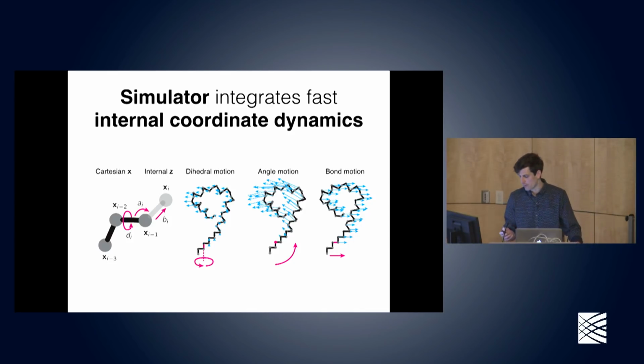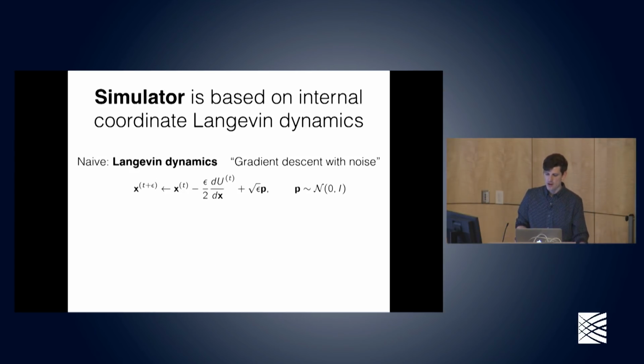This can't really move anywhere fast, but if you write equations of motion in terms of this dihedral angle spinning, this angle changing, this bond extending, you get these big coherent motions where the structure is locally preserved, but it's making big moves.